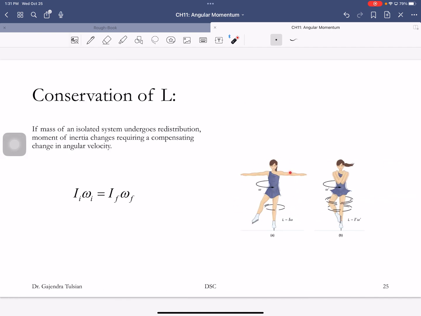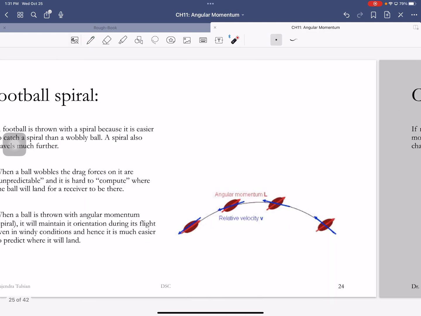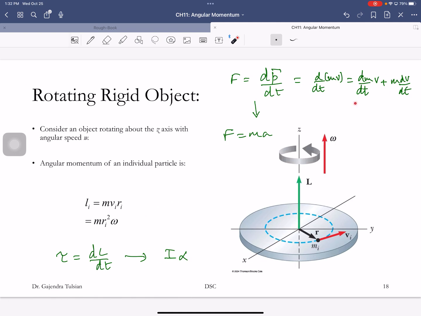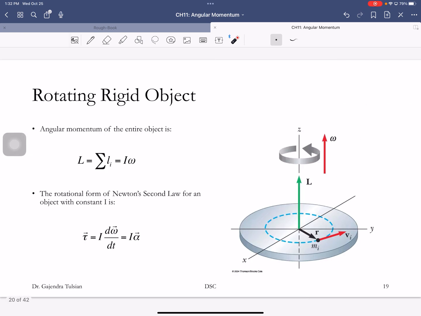For such a system, torque is not equal to I times alpha; torque is equal to dL by dt. So that's what we're introducing. Just like when the mass doesn't change, Newton's second law reduces to F equal to ma, just like that, for an object when the moment of inertia does not change, torque will reduce to I times alpha. All right, so keep that in mind.